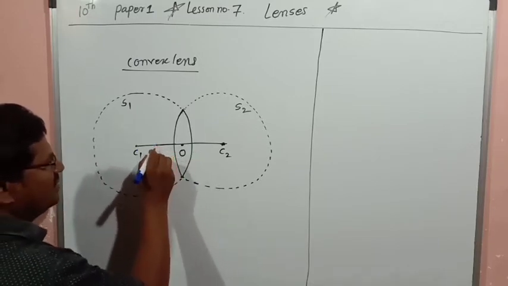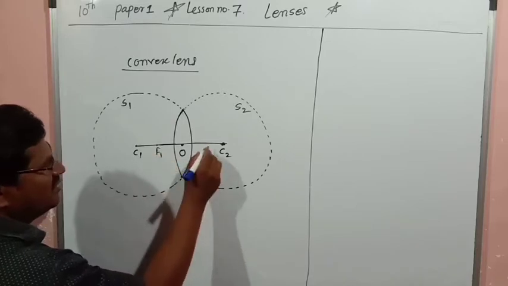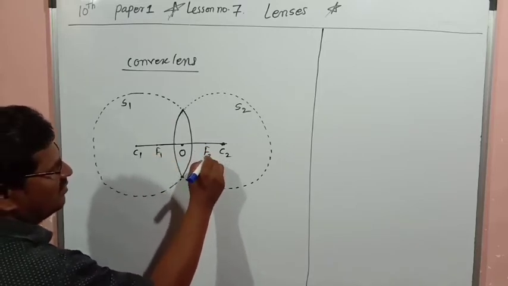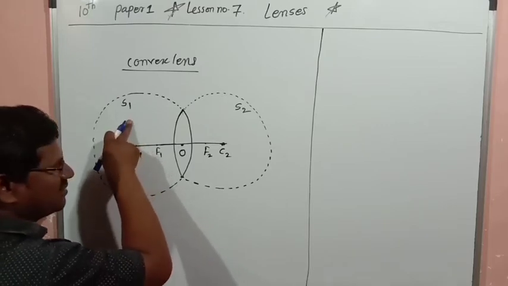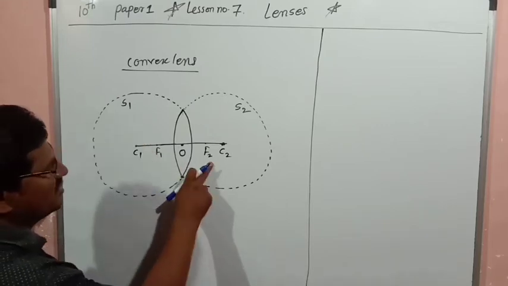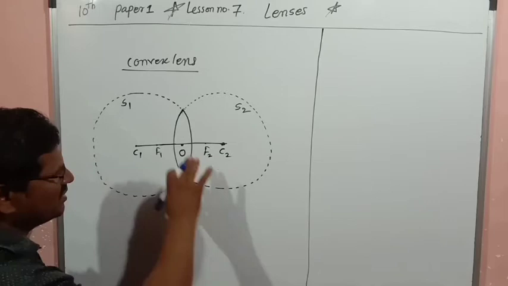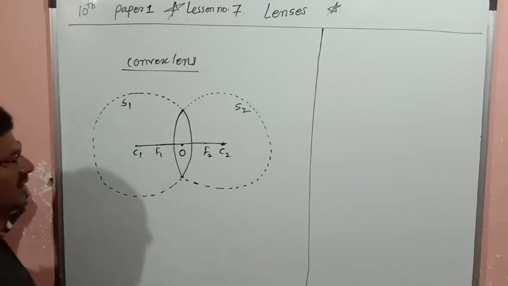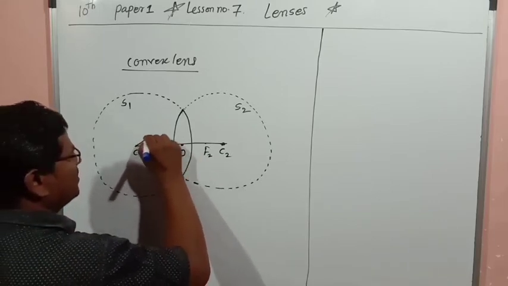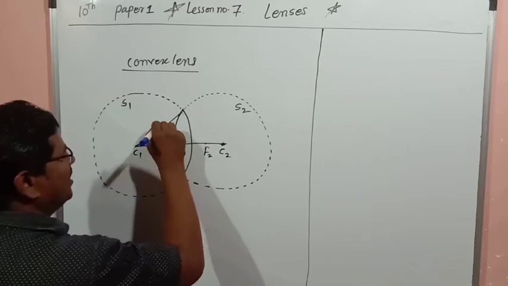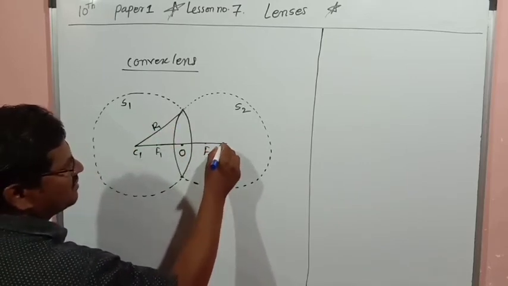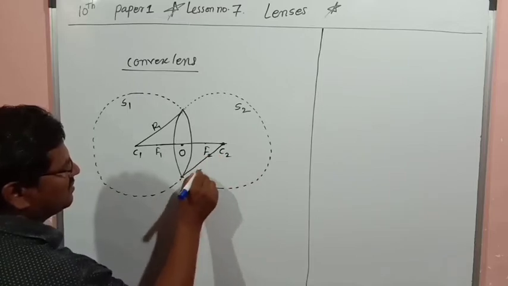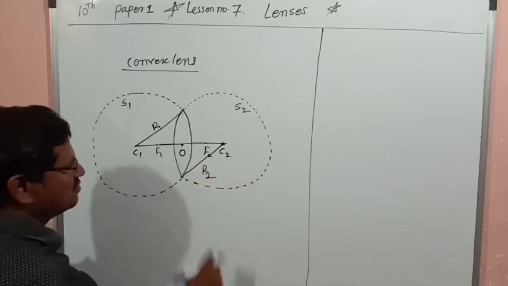Here will be F1, here will be F2, the principal focus of the first sphere and the principal focus of the second sphere. Then suppose this one will be R1, and this one will be R2.